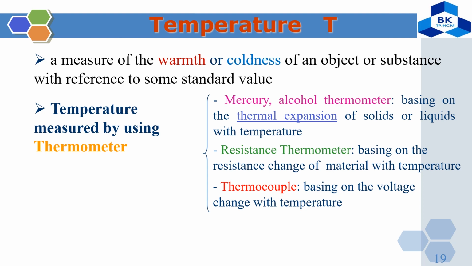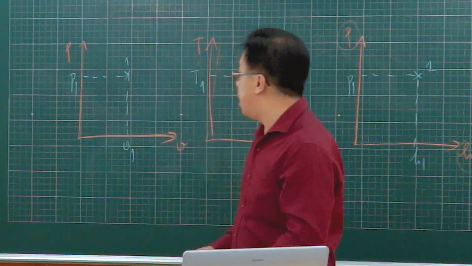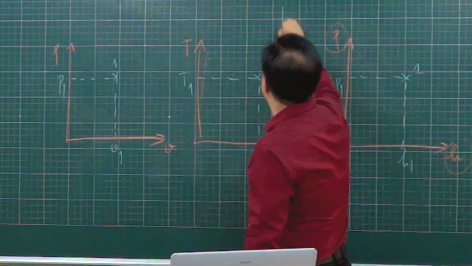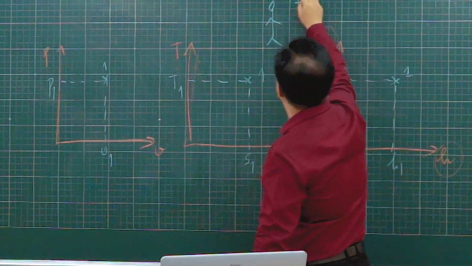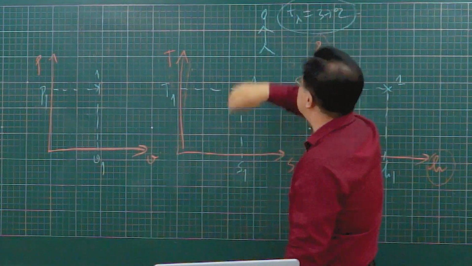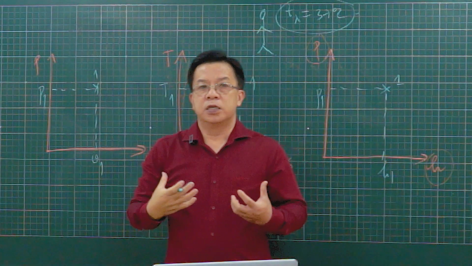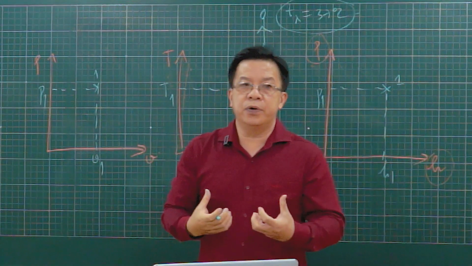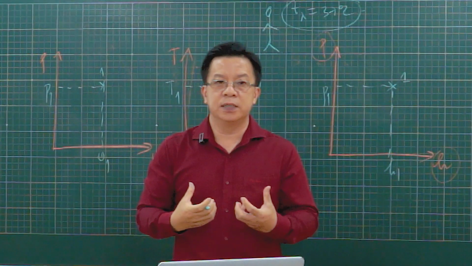For example, the normal temperature of your body is 37 degrees. So when your body is at 37 degrees, it is normal. The standard value of body temperature is 37 degrees Celsius.